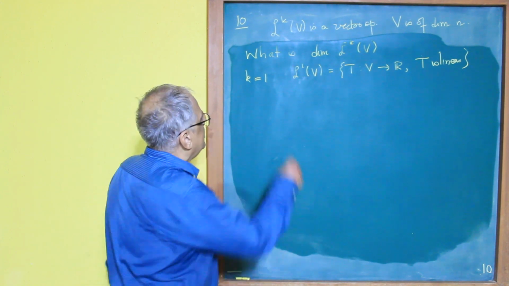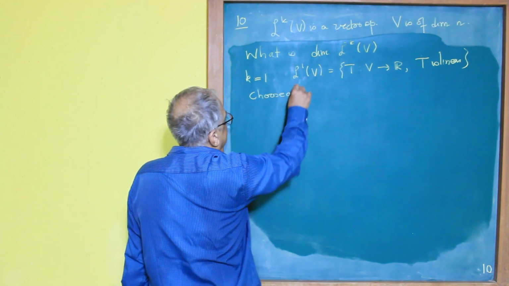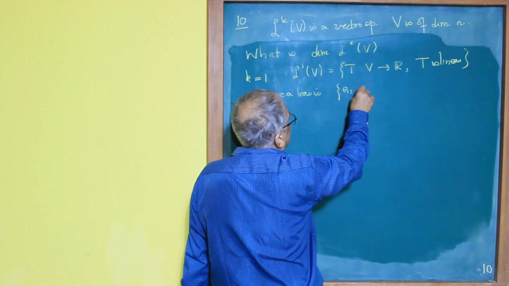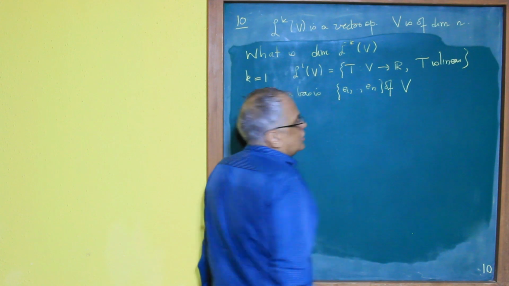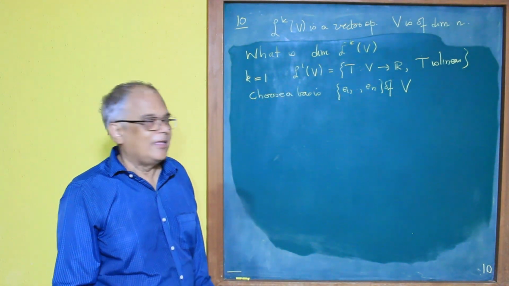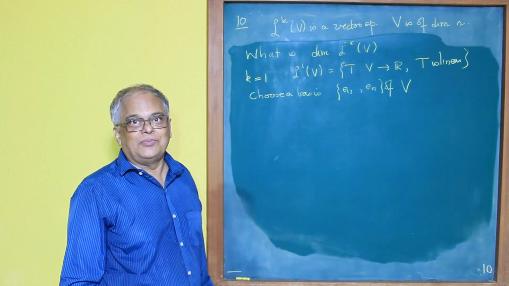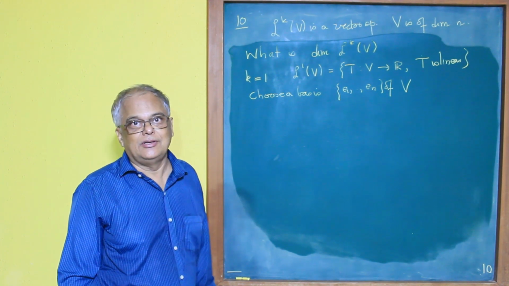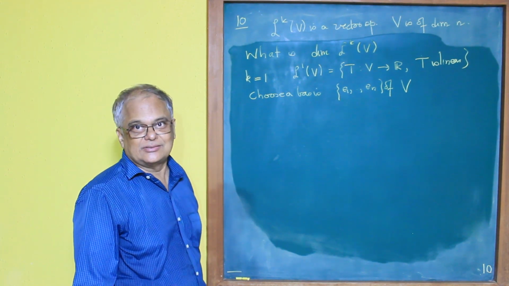What is that? So choose a basis of V. Now, I had made a fuss sometime earlier about how we want to do things without choice of basis. But when you want to find the dimension of something, you had better choose a basis somewhere or the other.